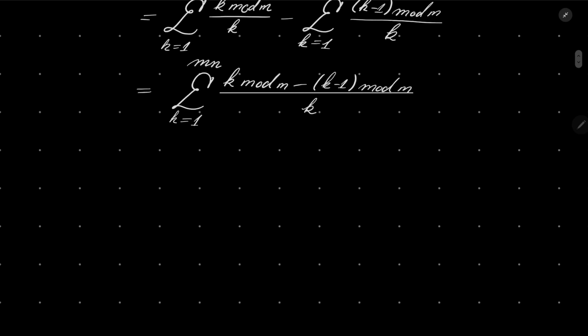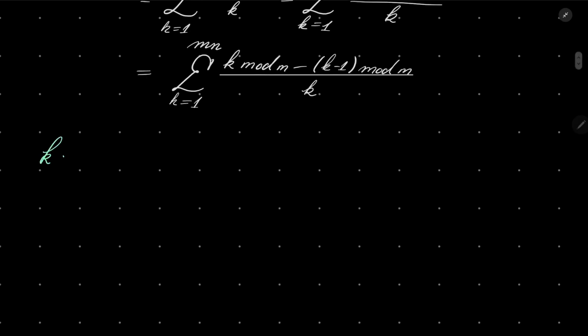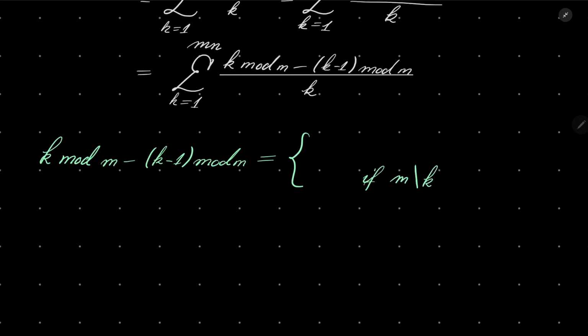Now, let's take a slight detour and find the value of the numerator, k modulo m minus (k minus 1) modulo m. What is it? Well, I claim that it's either one of two things. First, if k is a multiple of m, what then? Well, if k is a multiple of m, then the first remainder is just 0.